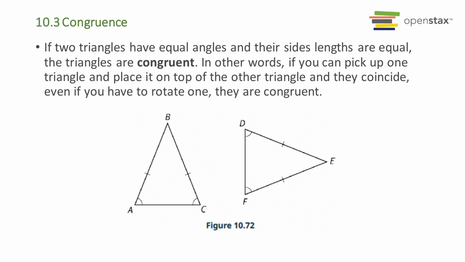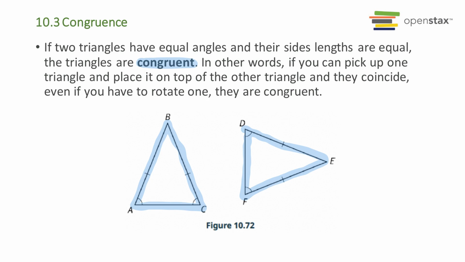Another interesting thing about triangles that is often studied in geometry is the idea of congruent triangles, or congruency. 2 triangles are said to be congruent if they are equal triangles. So if you rotated this triangle, A, B, C, and placed it on top of D, E, F, they end up having the same shape and the same size.